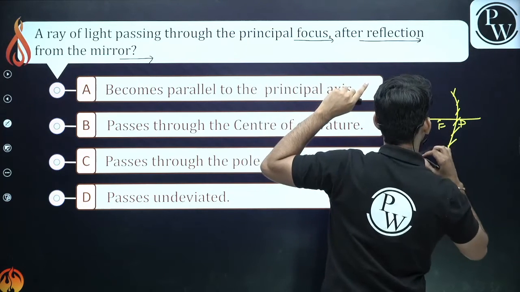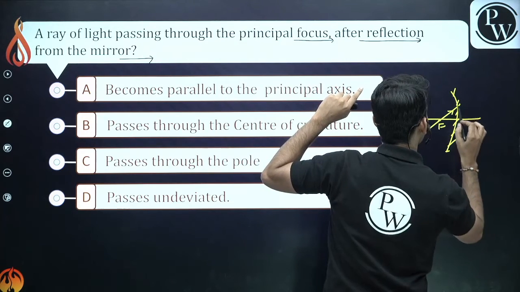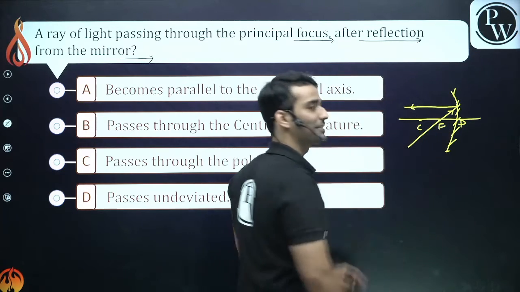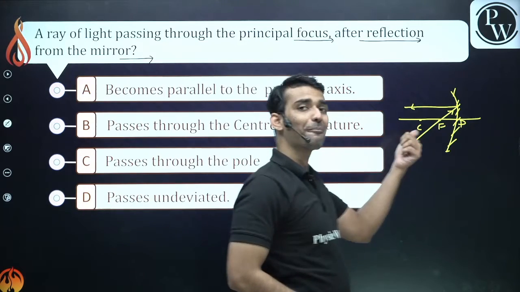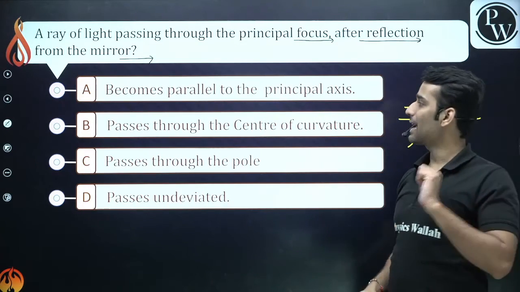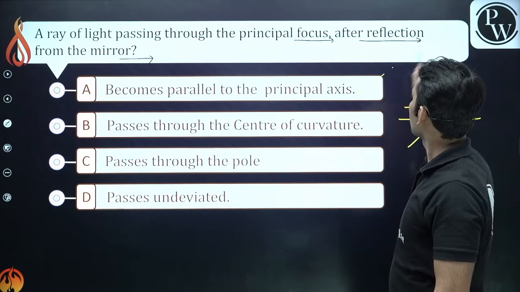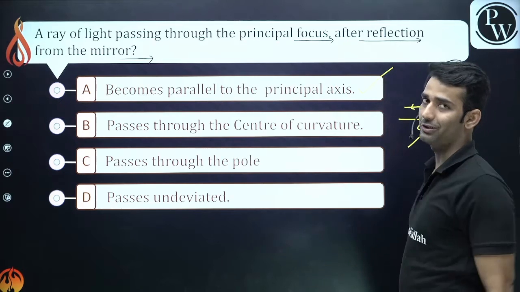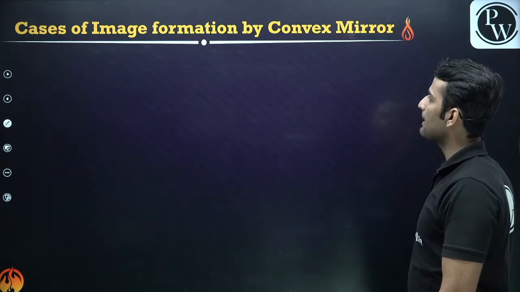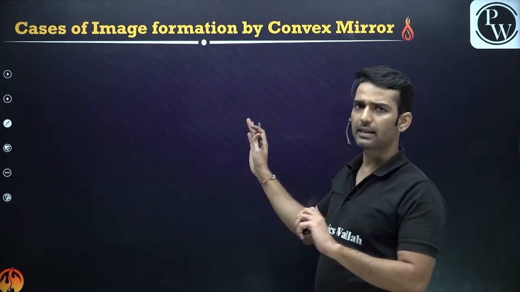Any ray passing through the principal focus will become parallel to the principal axis. I had told you, whether it is concave or convex, it will become parallel to the principal axis. So which option is correct? A, become parallel to the principal axis. Very, very simple question, just for a recall. Clear? Okay, convex mirror cases are done.